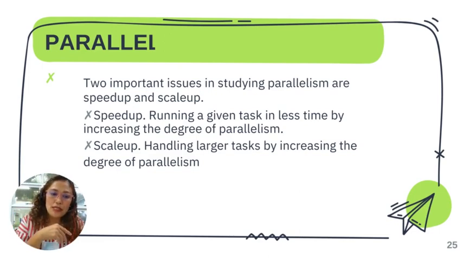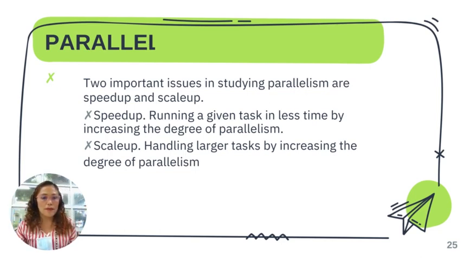But on the other hand, when you say scale up, these are handling larger tasks by increasing the degree of parallelism. So meaning accommodating a number of tasks or requests from different users and also increasing the parallelism, or what we call the processors who are processing those tasks.